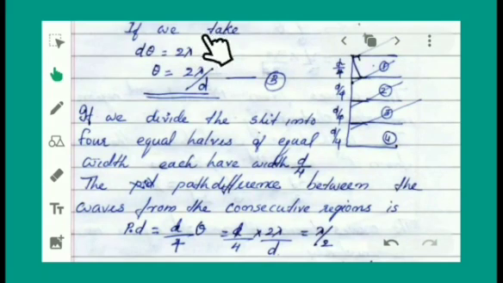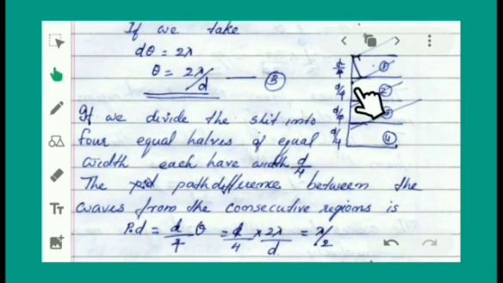Next, if we take d into theta equal to 2 lambda, then theta is equal to 2 lambda by d. That means we divide the slit into 4 equal parts, each of width d by 4. The waves from the first and second parts interfere.